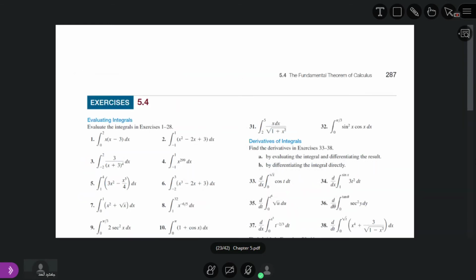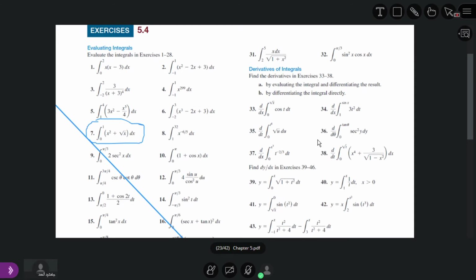Now we move to exercise 5.4. Now I ask you the question, then you have to solve. Question number 7. What is the function here, student? And how can we solve this definite integral?